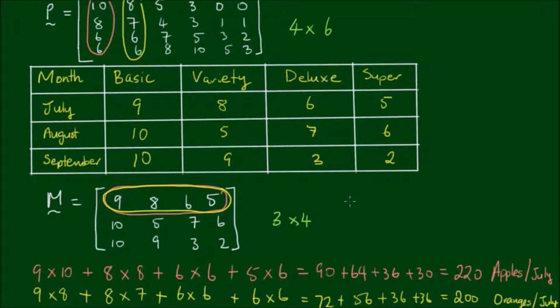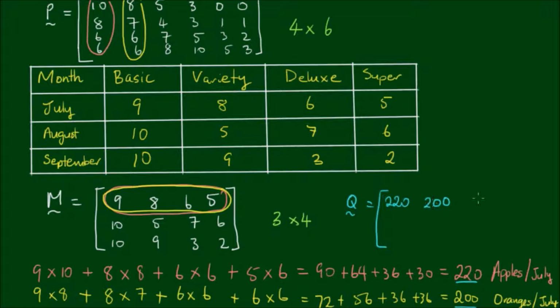So we can now start populating the quantity matrix. Let's call this new matrix Q for quantity. So Q will be the product of the matrix M by the matrix P, and the data we have already for the first row is we had 220 apples in July, we had 200 oranges in July.